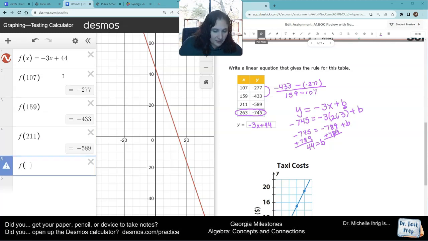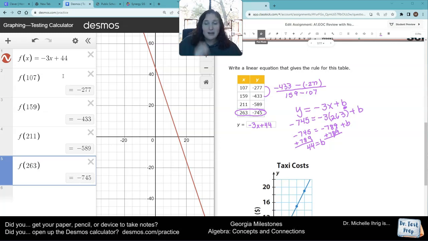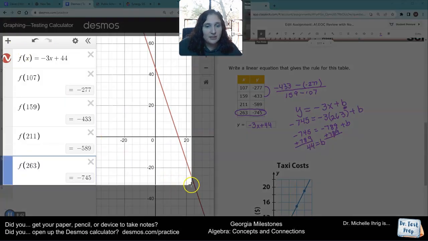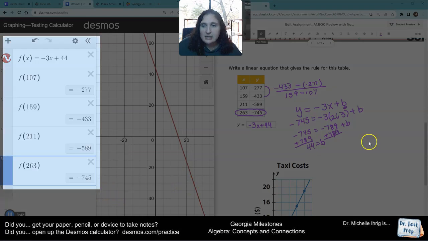And if I do f of 263 as my input, I get the negative 745. So I just checked my work. So sometimes you might not be able to use the calculator too much to solve the problem, but you can certainly use the calculator to check your work. Let's do a little copy here just to give you a picture, just in case.